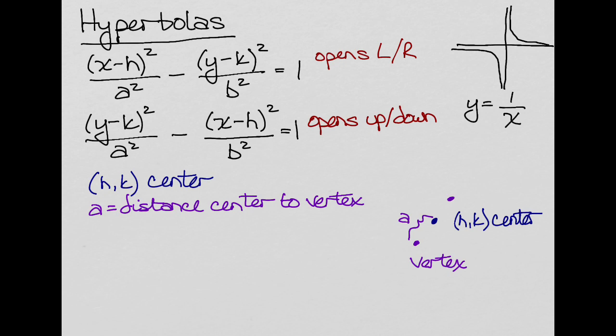If we imagine drawing a line through the two vertices and the center, and then imagine a line perpendicular to that, we're going to go a distance of b on that perpendicular line to get our next 2 points. So b is going to tell us the distance we go perpendicular to the line connecting the vertices.